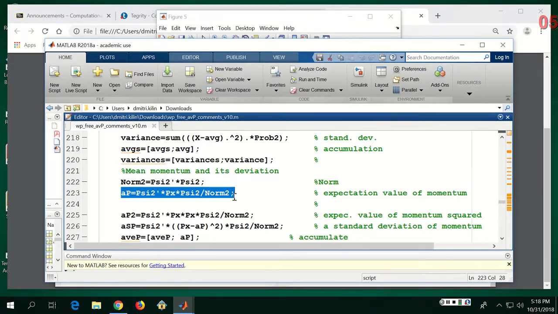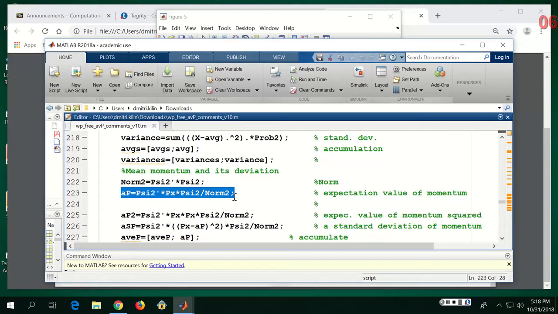Here MATLAB does row by column procedure. So the conjugated wave function is a row, px is a matrix, and the regular wave function is a column. So psi at point 1, psi at point 2, psi at point n.